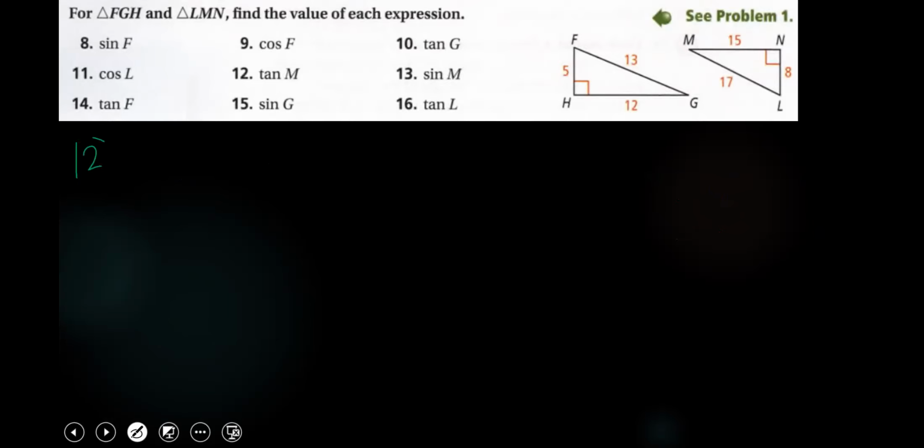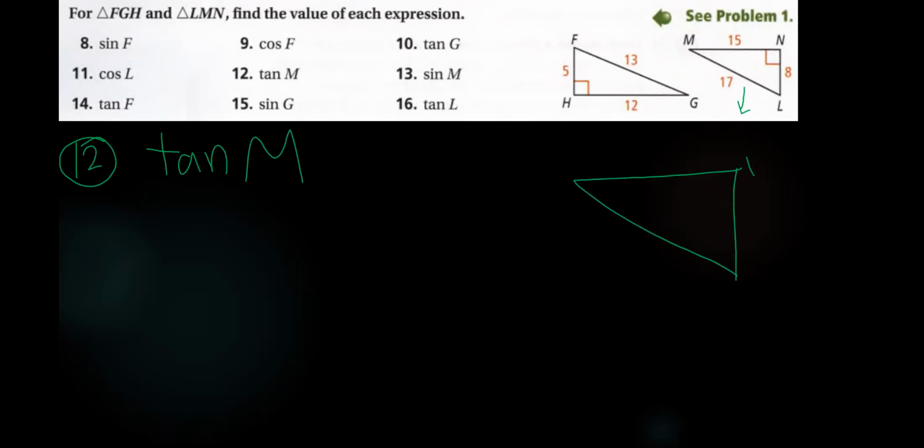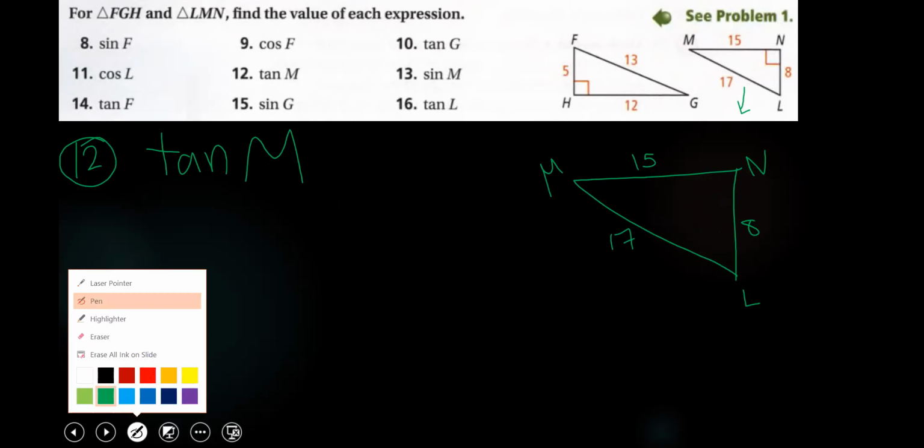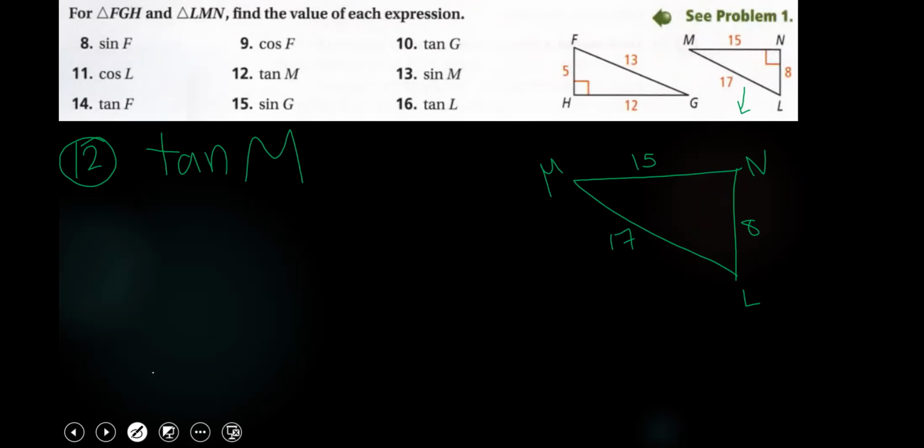Now let's solve number 12. They asked me now to find tan of angle M. I'm talking about this triangle. Yes, Jenna. Tan M. Which angle are you talking about?